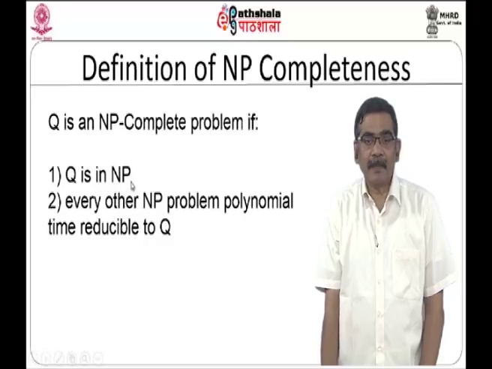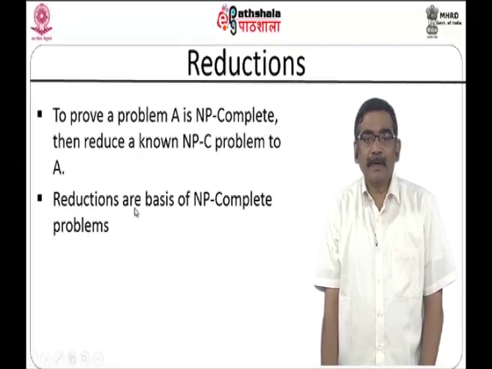That means we have to give a proof that it is very difficult to solve this problem, and we have to prove that all other NP problems are polynomially convertible or reducible to problem Q. If this is the case, then we can call Q an NP complete problem. So, here the most important thing is reduction. What is a reduction?